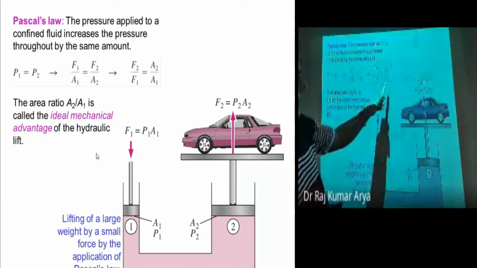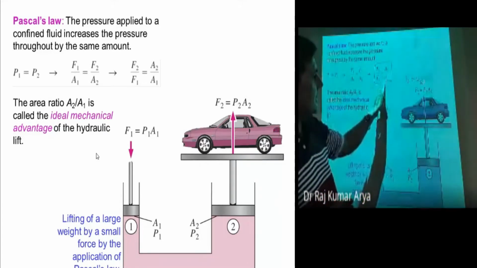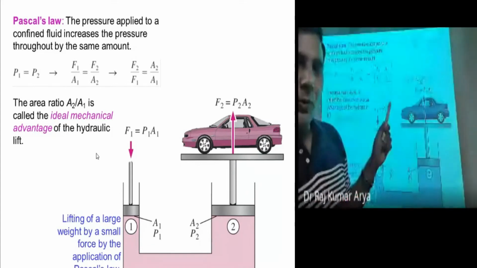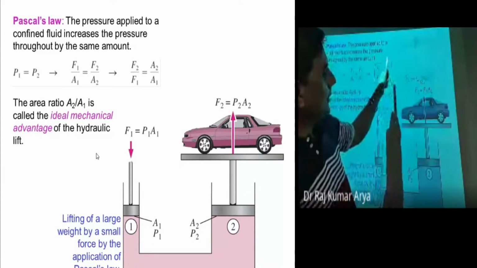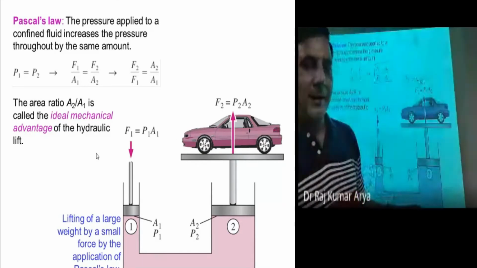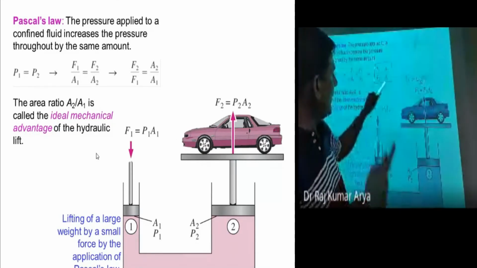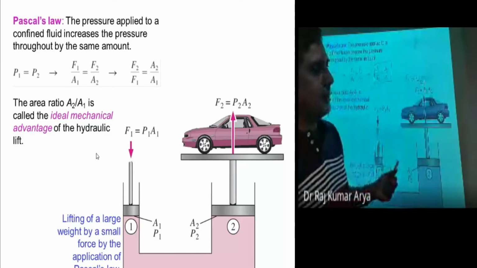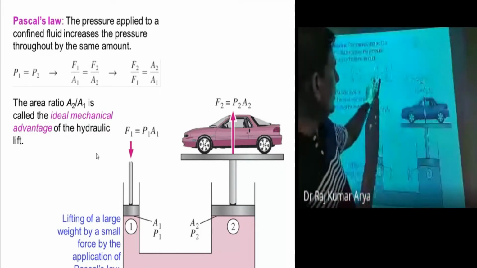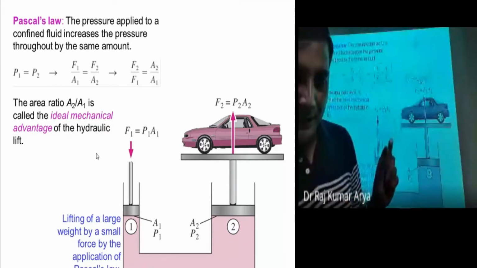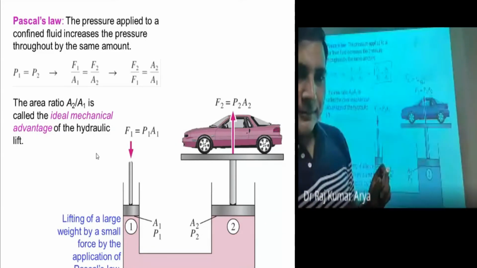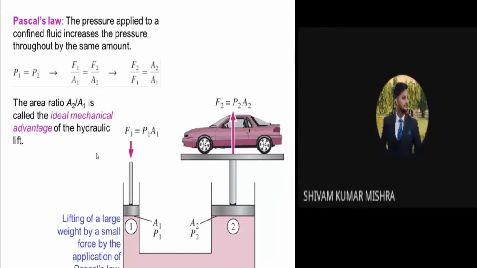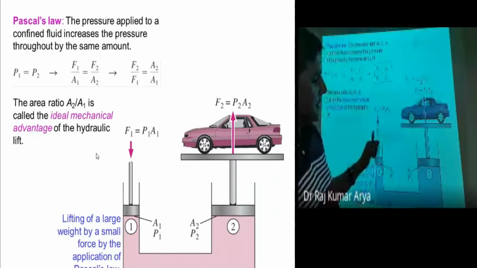So if you decrease A1 more and more, and increase A2 larger and larger, a heavy body can be lifted with only a small magnitude of force. This is the concept we have used here.